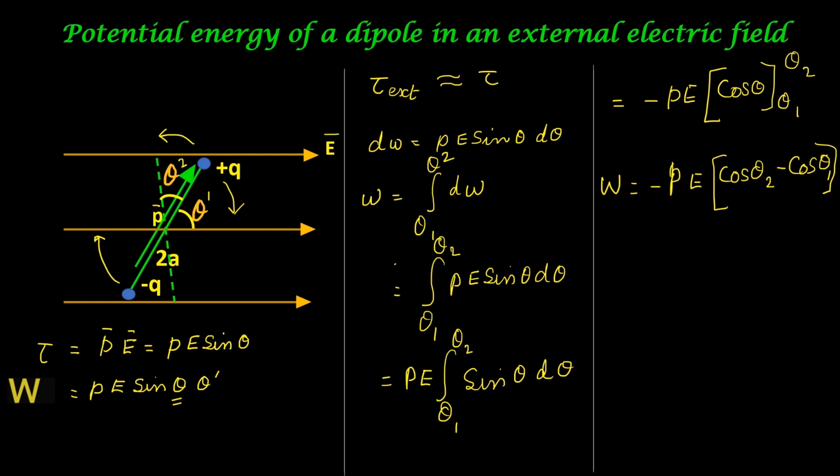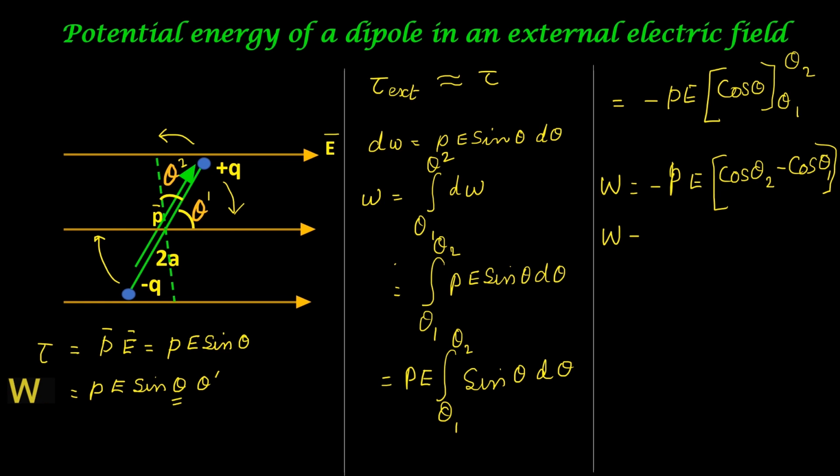The external work done in turning the dipole from theta 1 to theta 2 is stored as potential energy in the dipole. That is, the potential energy of the dipole in the external electric field will be equal to the difference between the external work done in turning the dipole through theta 2 and the work done by the electric field to turn the electric dipole through theta 1.